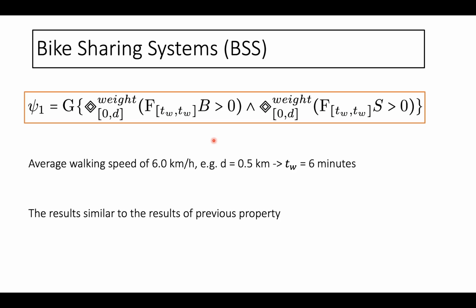So for this reason we add to the property a nested temporal part. Instead of having just that from a certain location it should always be true that at a certain distance there is a free bike and a free slot, we are saying that from a certain location it should always be true that eventually at time tw the number of bikes should be greater than 0 and the number of free slots should be greater than 0.